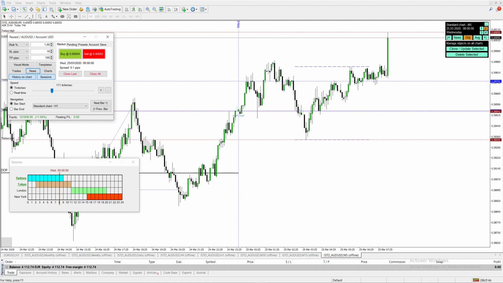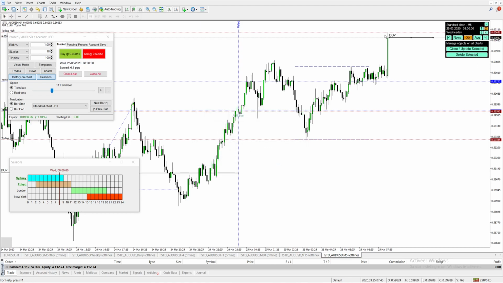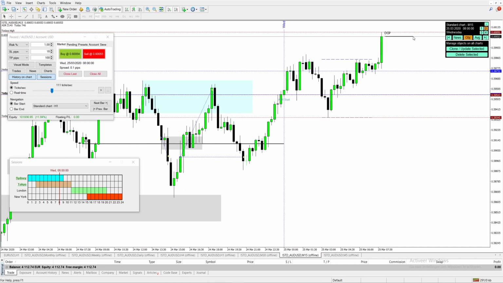Right, so this is kind of unfavorable because we already had a big expansion even before London Open or even before New York midnight. So this is still in Asia, the last candle of Asia. Right, daily open.